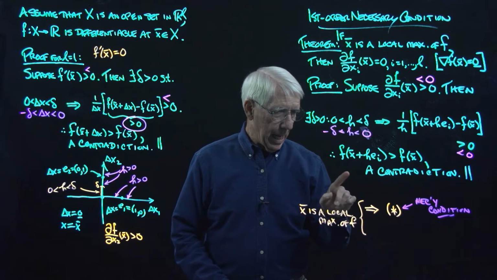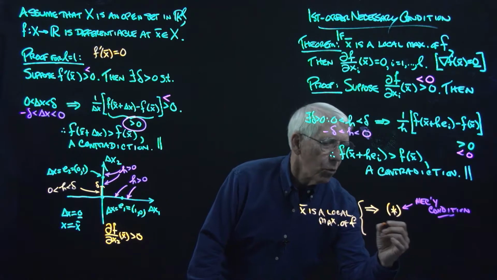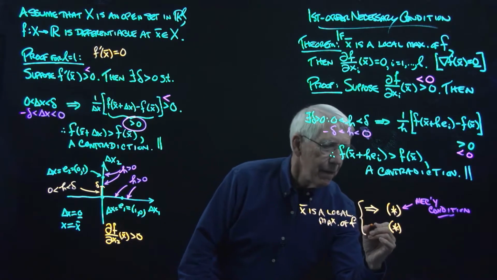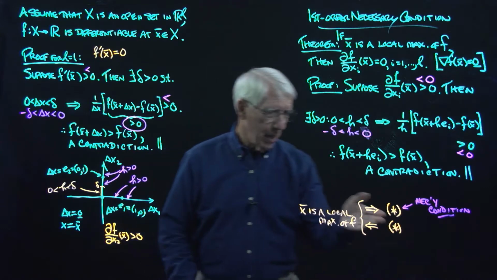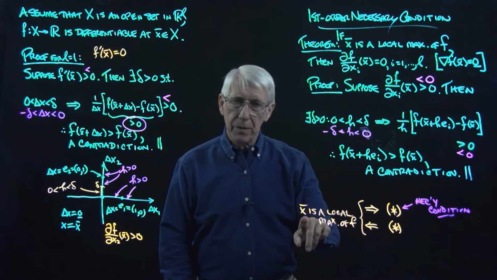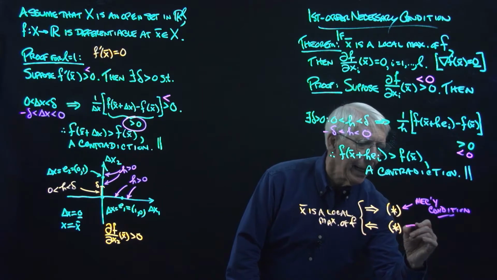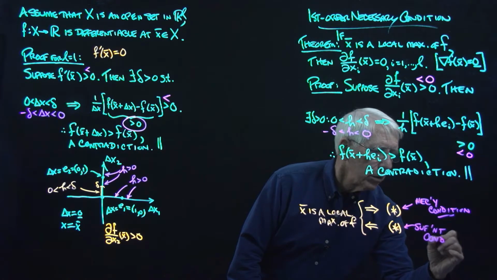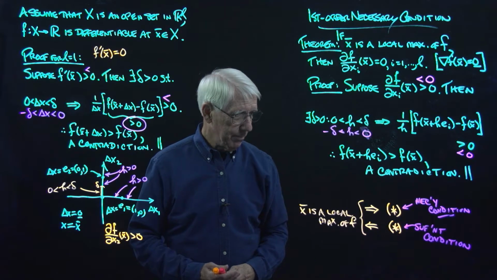Now, let's see what happens with a sufficient condition. A sufficient condition would be some condition that implies x bar is a local maximum of f. So the condition is sufficient to imply or ensure that this point is a maximizer. So that we would call a sufficient condition for x bar to be a maximum.